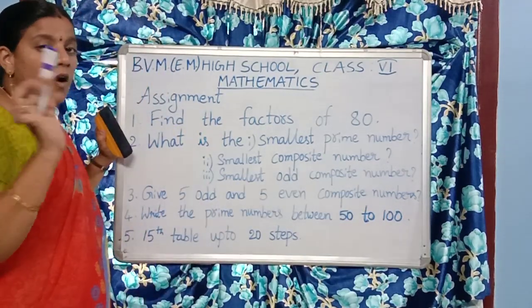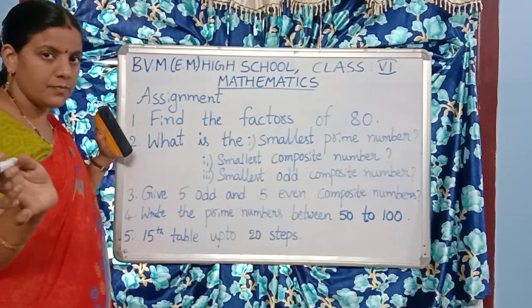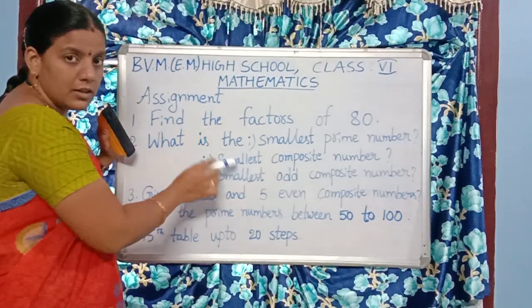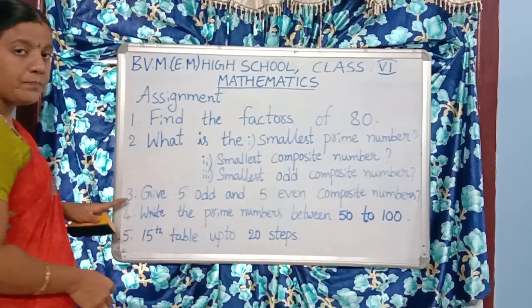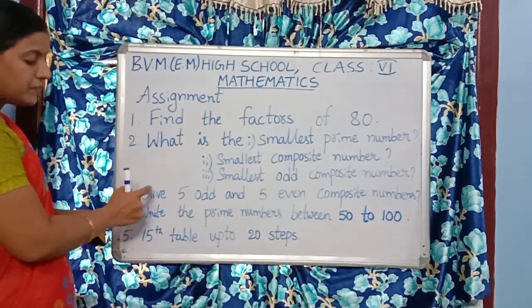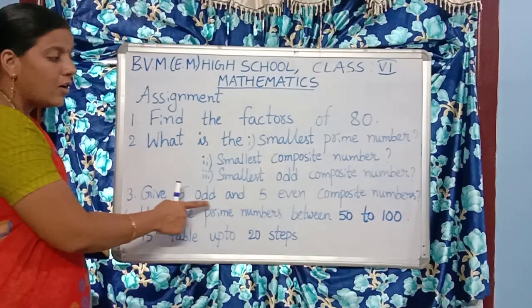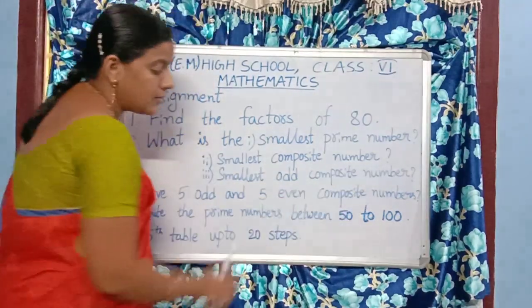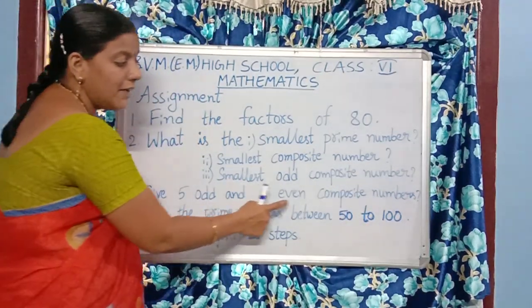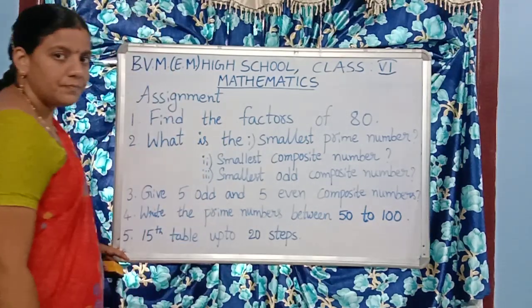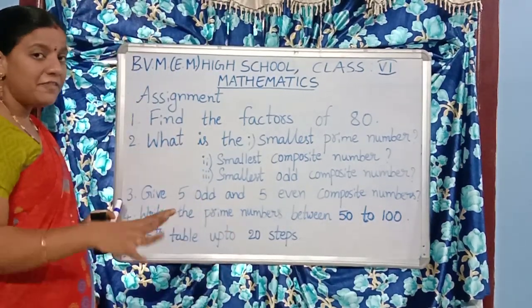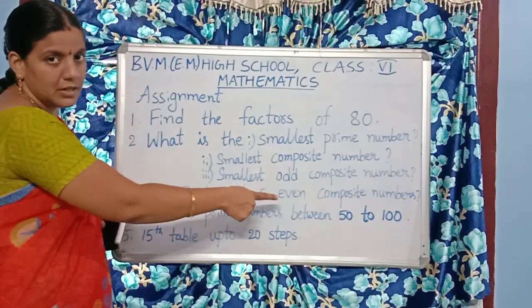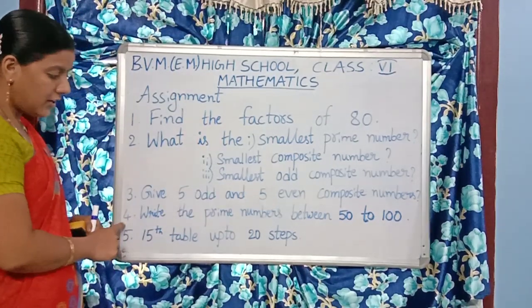You know the odd numbers and even numbers. Okay. Like that. These are the two various questions. Find them. Next question. Give 5 odd composite numbers and 5 even composite numbers. Okay, you have to write 5 odd composite numbers and 5 even composite numbers. Next one.